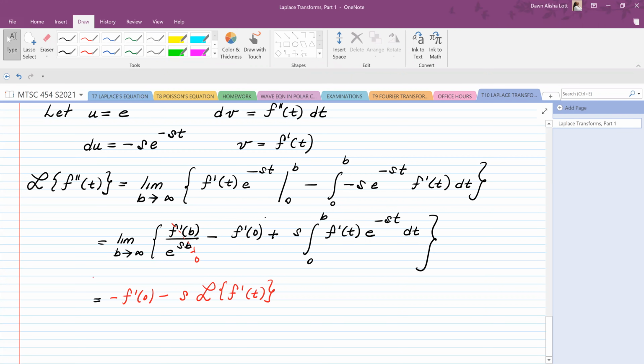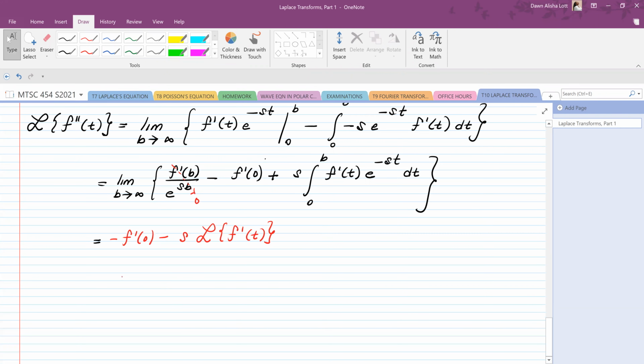So this is going to give me minus f prime at 0, plus s times the Laplace transform, where the transform of f prime is s F of s minus f of 0.